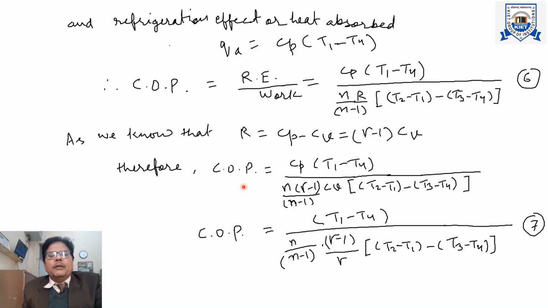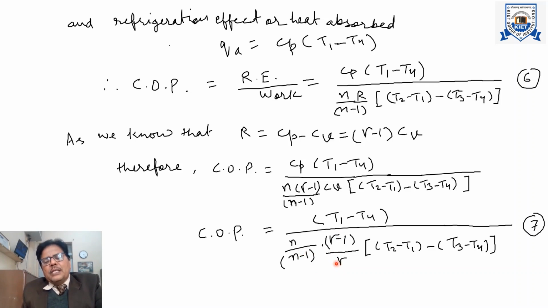So COP equals Cp times T1 minus T4 over n over n minus 1, replacing R by gamma minus 1 times Cv, times T2 minus T1 minus T3 minus T4. We know Cp over Cv equals gamma, so Cv over Cp equals 1 over gamma. So it becomes n over n minus 1 times gamma minus 1 over gamma, times T2 minus T1 minus T3 minus T4. This is the equation for a polytropic process.